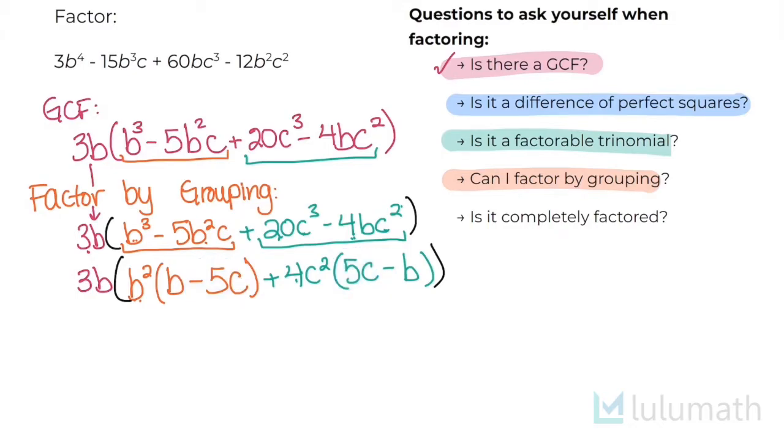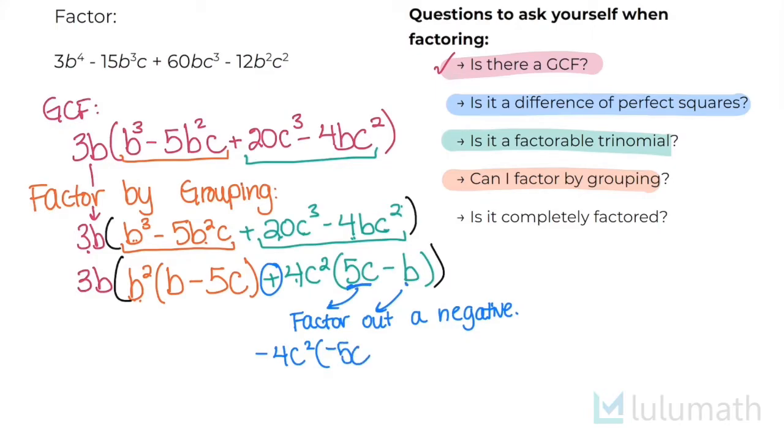So what I'm going to do is I will factor out a negative. So instead of positive 4c squared here, I will have a negative 4c squared, which will make this 5c a negative 5c and this negative b a positive b. So then I will copy the rest of what I have down here. And don't forget your GCF in front.